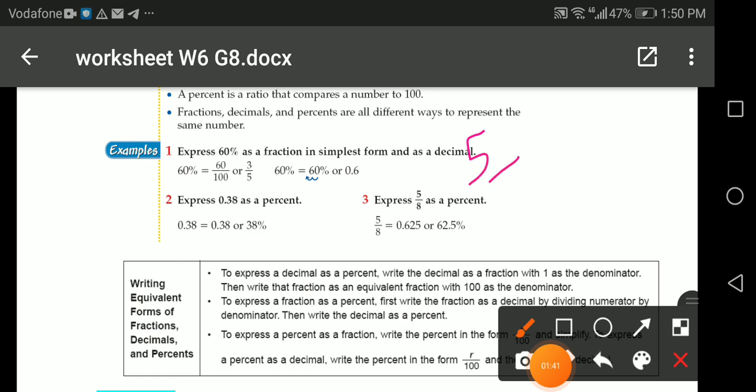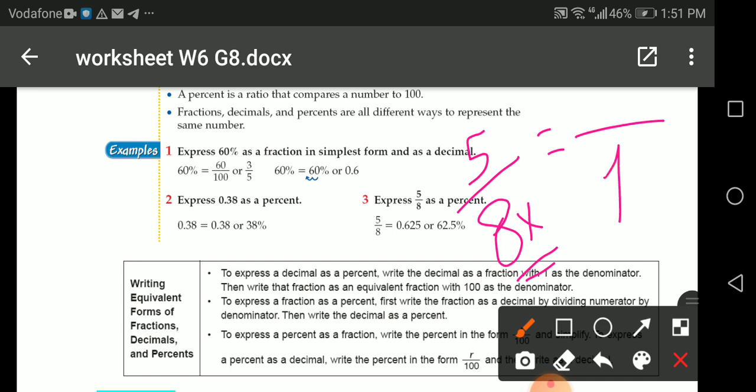Now it's 5/8. I want to convert this into a percent. Try to convert the denominator to get a multiple of 10. I want 8 multiplied by what gives me a multiple of 10? It's 1000, I think. So I will multiply by 125. 8 times 125.